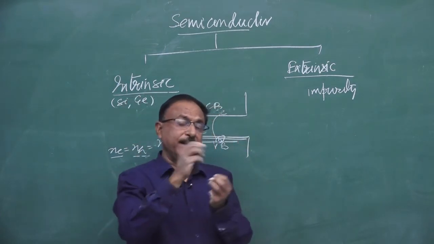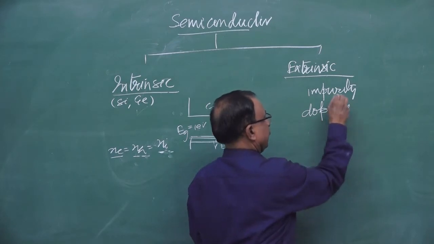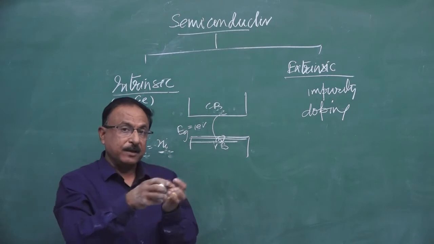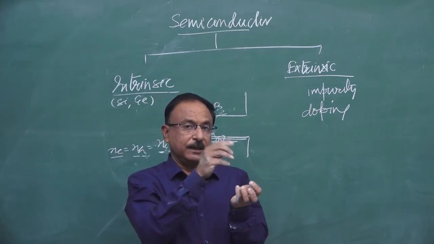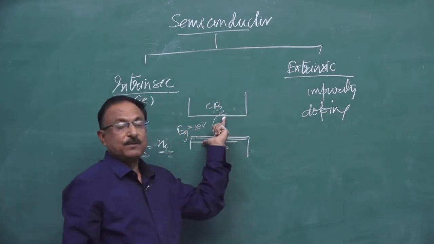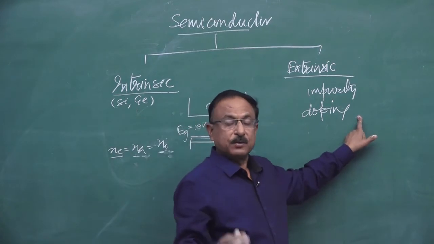The process of adding the impurity we call doping. Doping is a process in which we deliberately introduce some other atoms and change the intrinsic property of the semiconductor. That process we call doping.